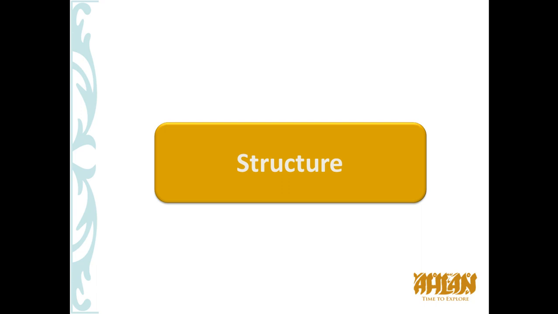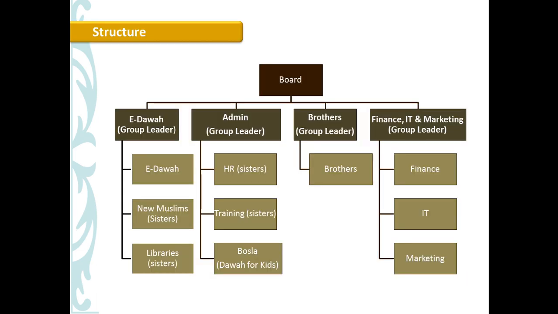So how are we organized inside of Ahlan? As you see the structure in front of you, we have e-da'wah, which is electronic da'wah. We have 4 group leaders. Each group leader has certain departments or functions that he monitors and operates, and of course we have the board on top.